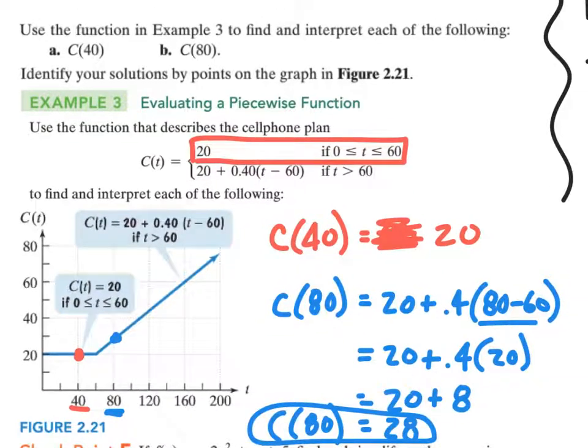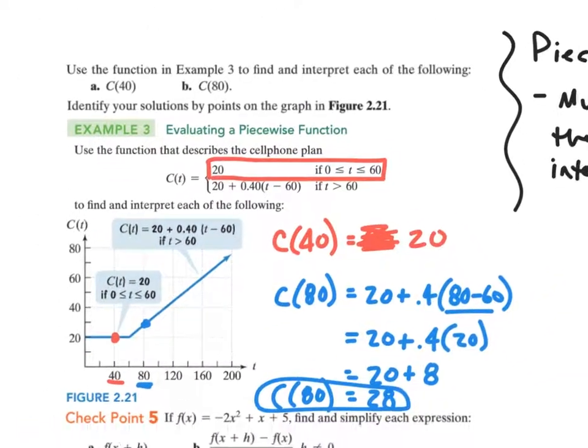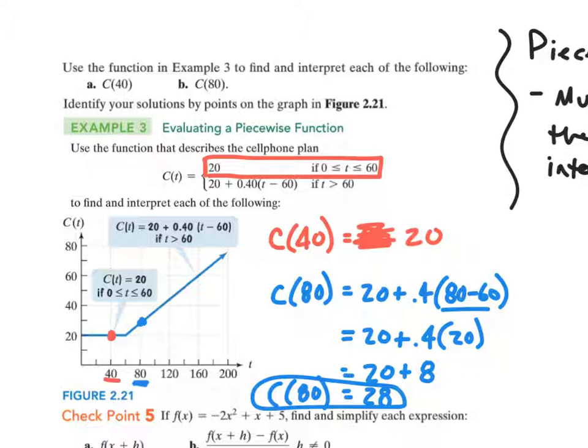Now let's talk about what all this stuff means. In this problem, it says that this function describes the cell phone plan. And what I'm thinking is this, because it doesn't really tell us, but for the first 60 minutes, t is time, for the first 60 minutes, you're going to pay $20.